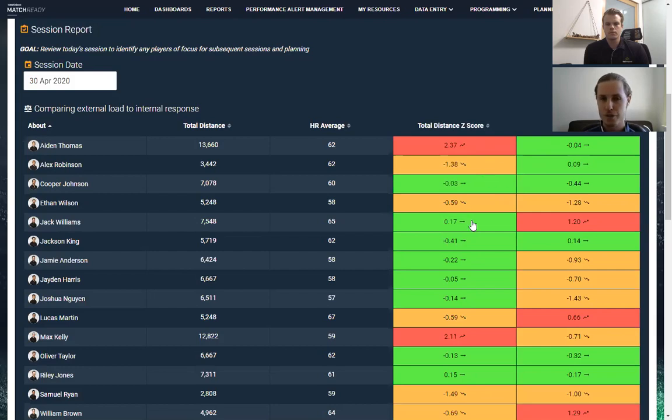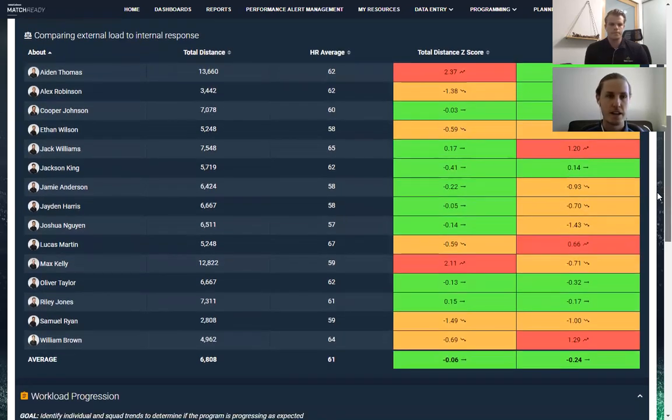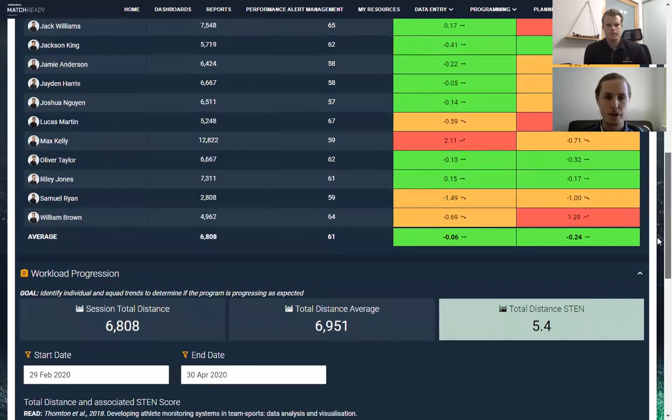But we are looking for certain scenarios, contextually depending on the individual, that might indicate that they've got a low output compared to normal, but they've responded somewhat poorly compared to their typical heart rate in these sessions. So potentially this can be our indicator of fatigue. And again, this is all contextual to where that individual's at with the program and what we wanted to see in a given session as well. So again, just a really quick comparison there to better inform the program.